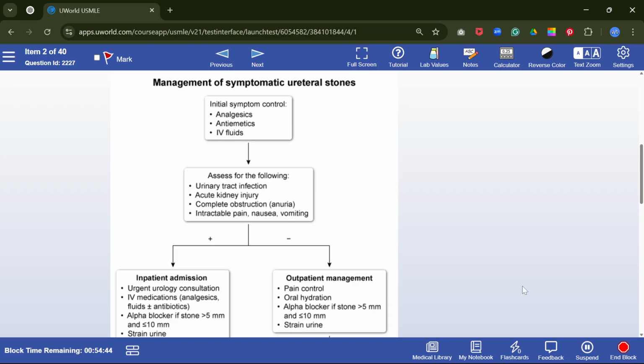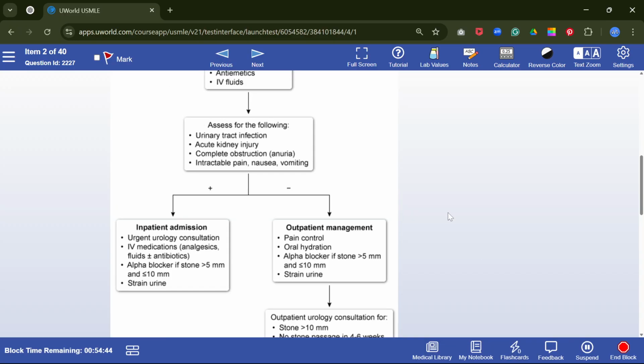Nausea, vomiting. Outpatient management: if there is no UTI, no AKI, no complete obstruction, no intractable pain, nausea, or vomiting, then outpatient management with pain control, oral hydration, alpha blocker if stone is more than 5 millimeter and less than 10 millimeter, and strain urine.